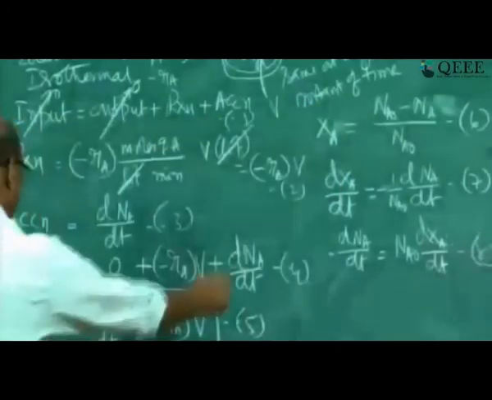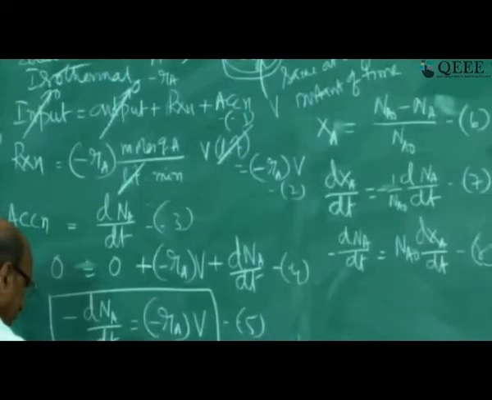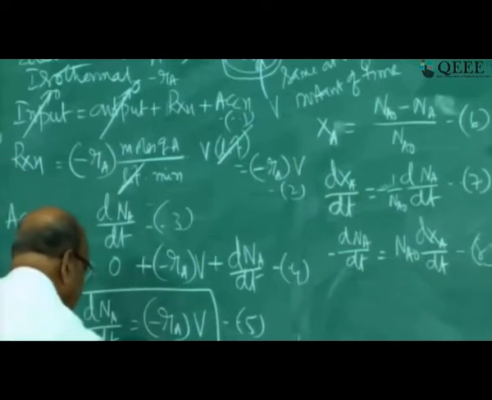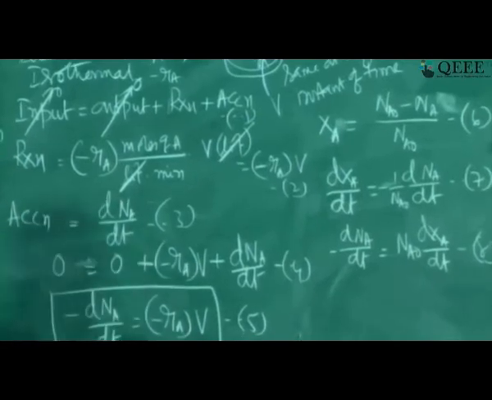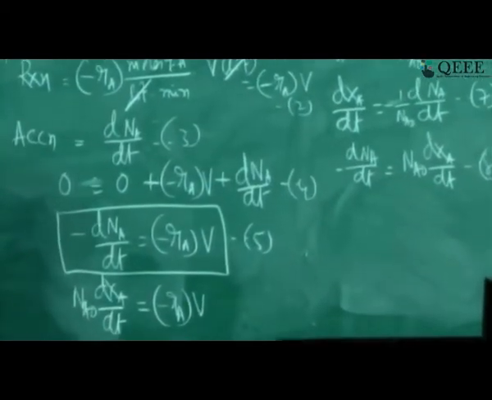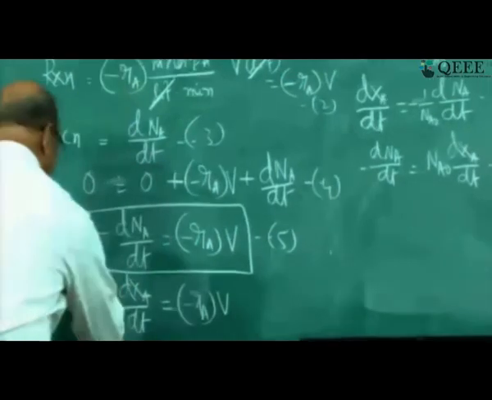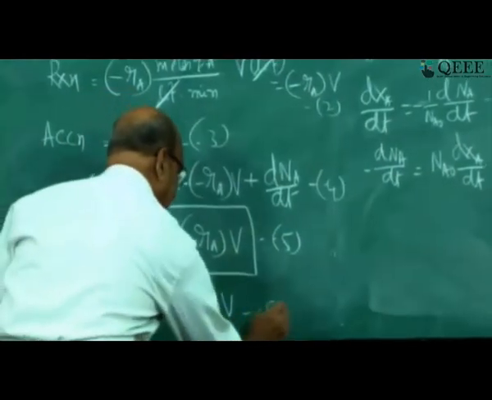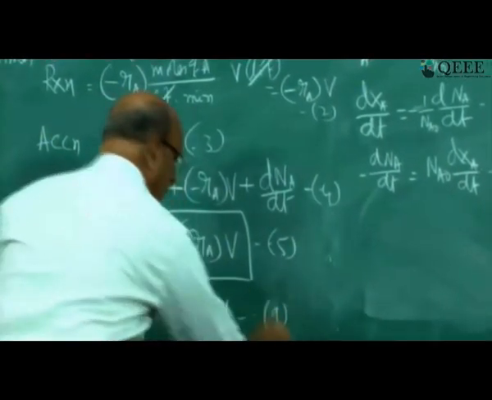Now substitute this here. So this is NA0 dXA/dt equal to -RA into V. This is equation number 9, and now this can be integrated.